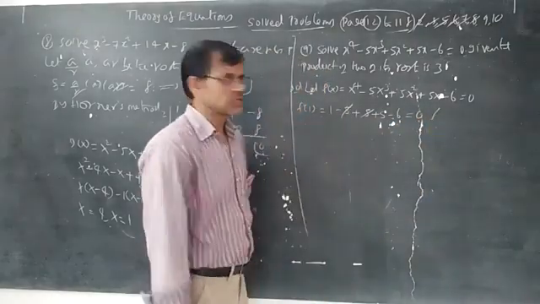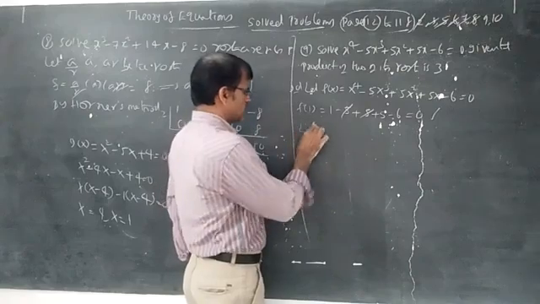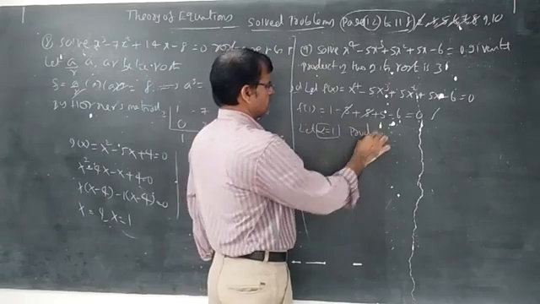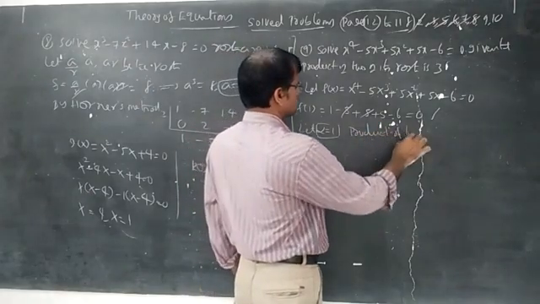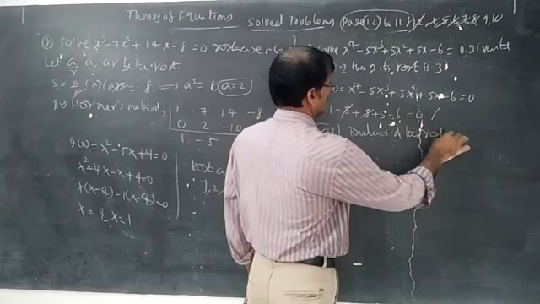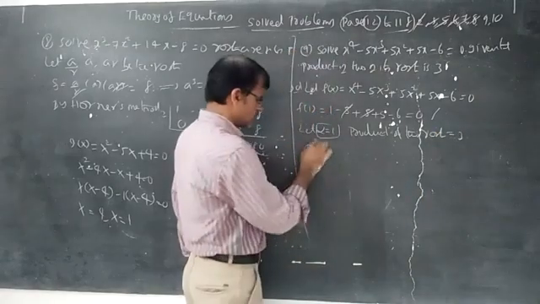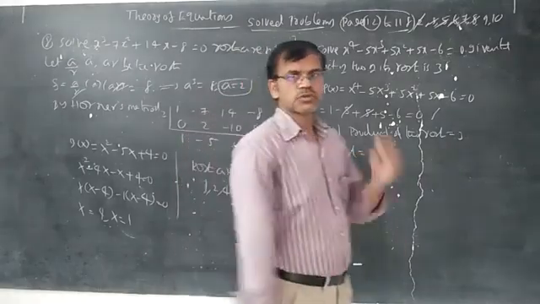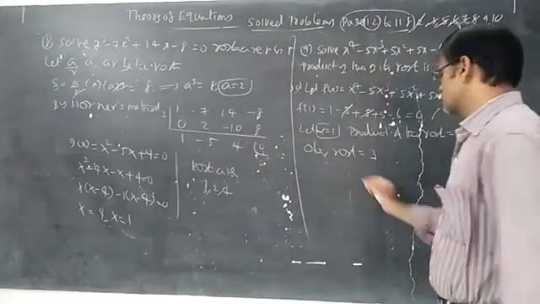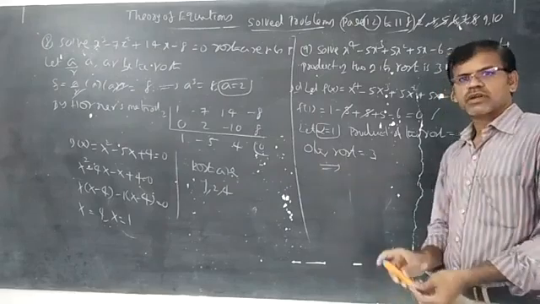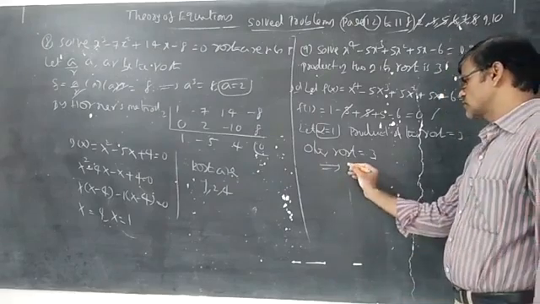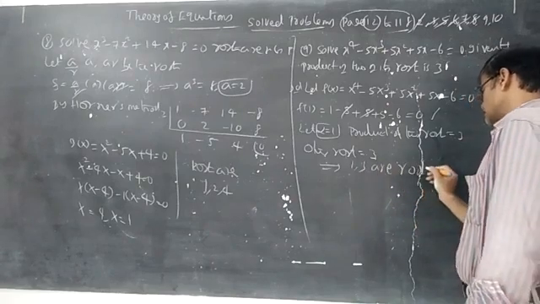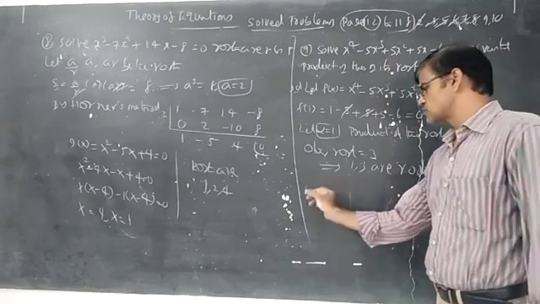So 1 is a root we got easily. Let alpha is equal to 1. Product of 2 roots equal to 3. So other root is equal to 3. That implies 1 comma 3 are roots.